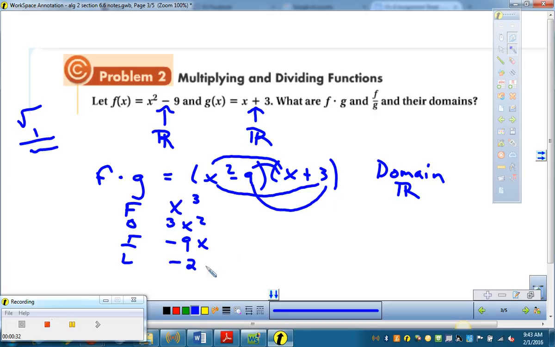Negative 27. Do we have any like terms that we can combine? Nope, so just write it out. X cubed plus 3x squared minus 9x minus 27. That is f times g. Questions there? Okay.